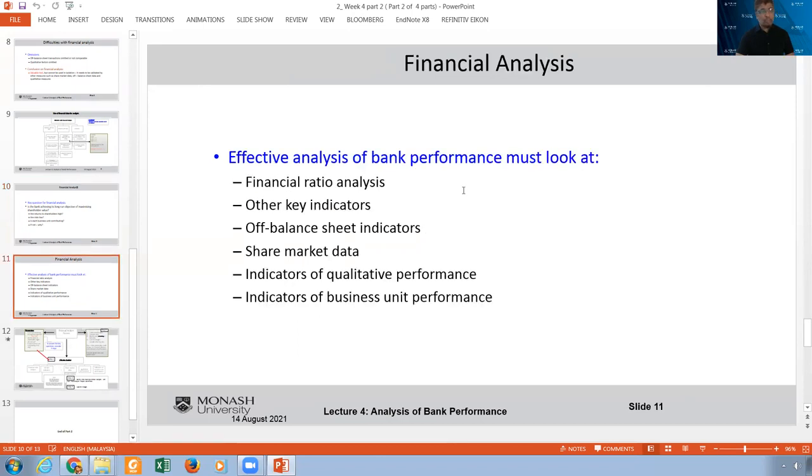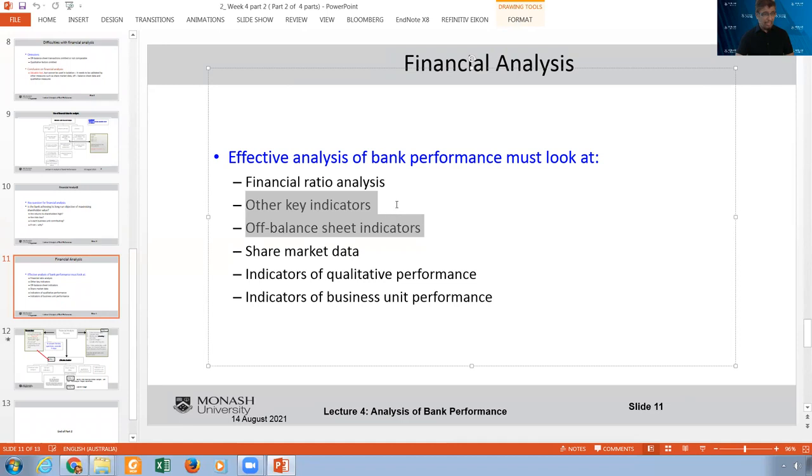Therefore, we move to the effective analysis of bank performance. We have to look at the financial ratios, but also at other key indicators, including the off-balance sheet, the share market data, indicators of qualitative performance, and indicators of business performance.